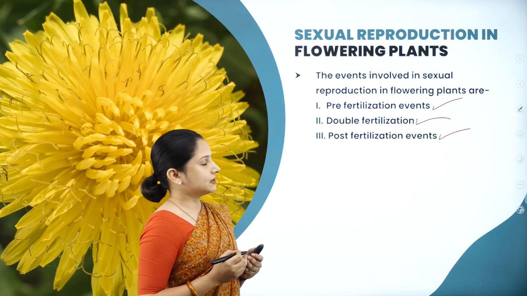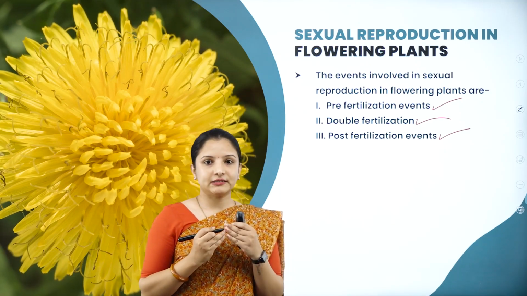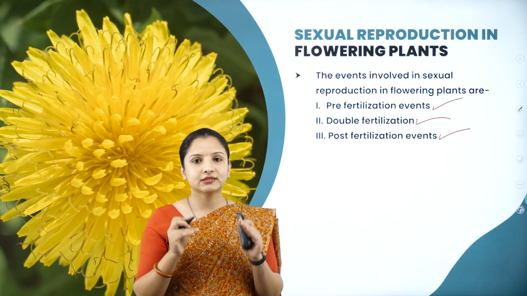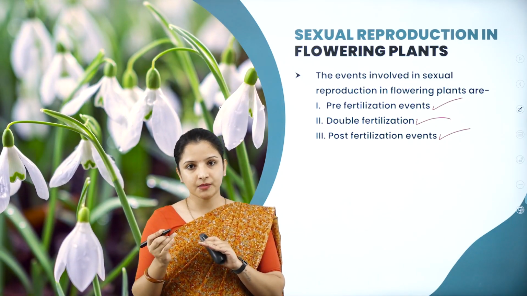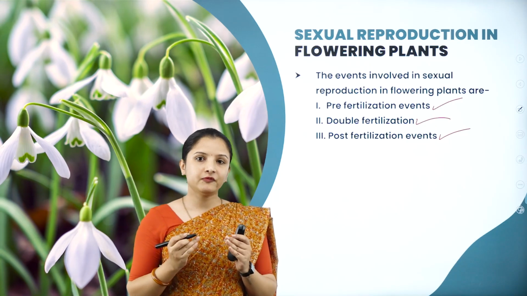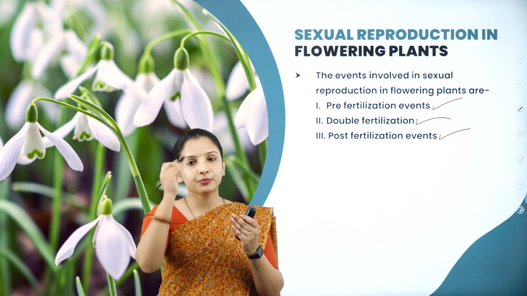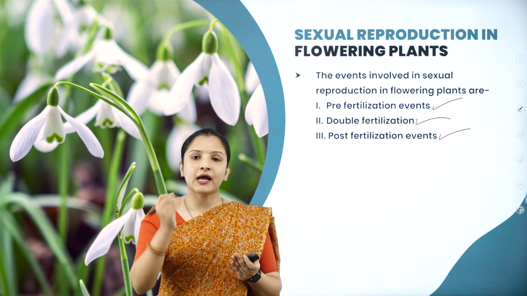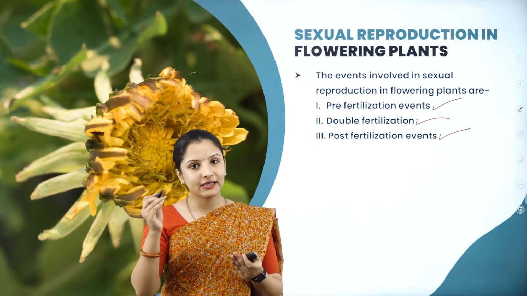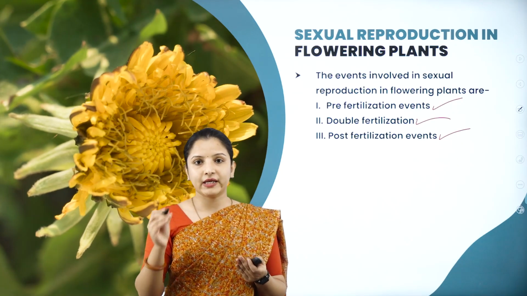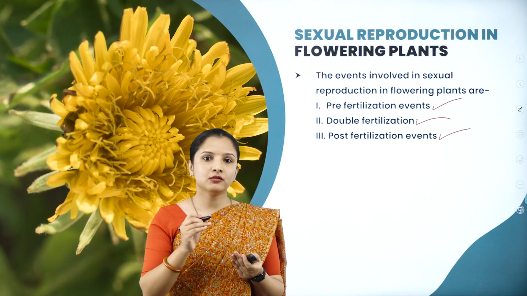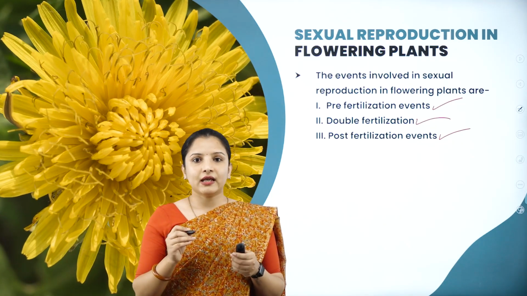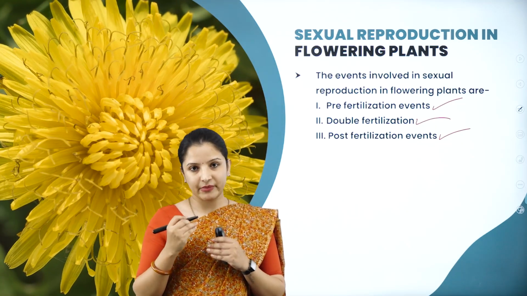In double fertilization, after the pre-fertilization events, once the pollen grains are transferred to the stigma of another flower or of the same flower, the pollen grains will germinate and produce pollen tubes. Into the pollen tubes the two male gametes will move, and they will enter through the micropylar end of the ovary, and there they will deposit the male gametes inside.